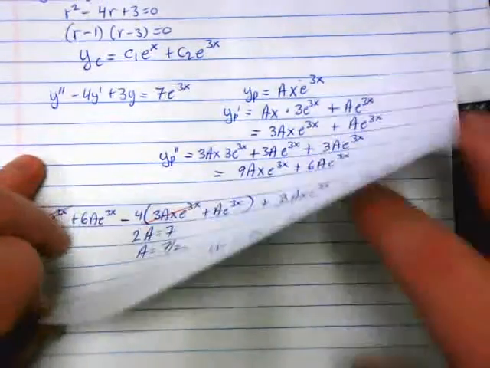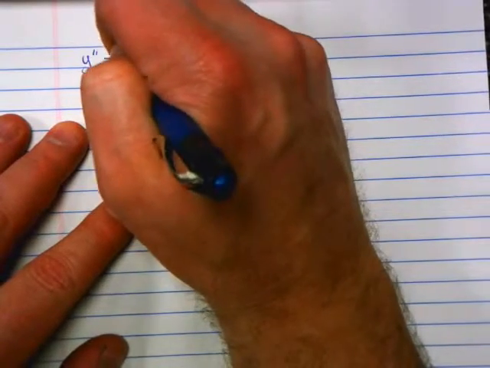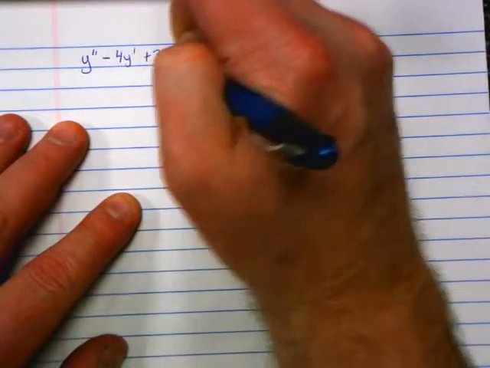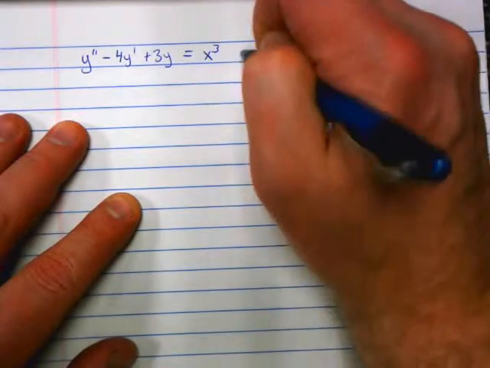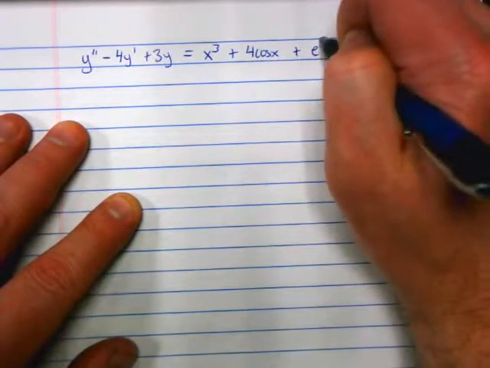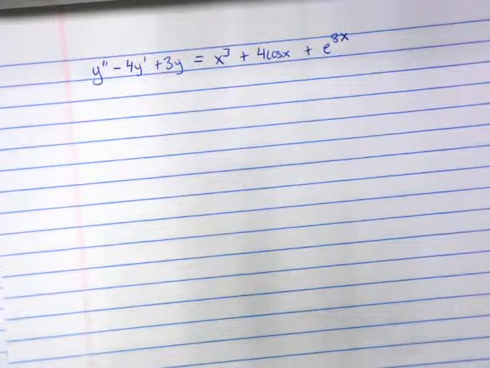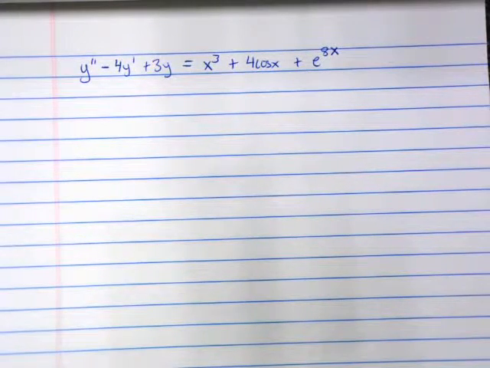All right, well, here's the good news. For the complicated questions, I'm not actually going to ask you to solve them. For example, if I was in an excited mood, let's say I gave you y double prime minus 4y prime plus 3y equals x cubed plus 4 cosine x plus e to the 8x.